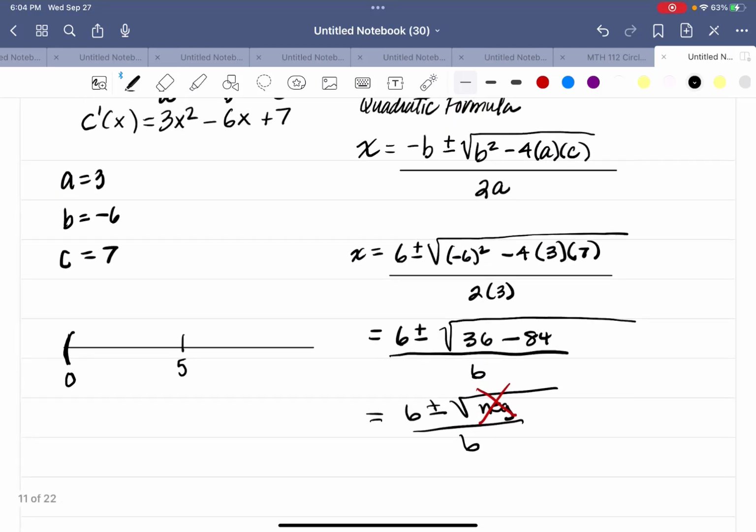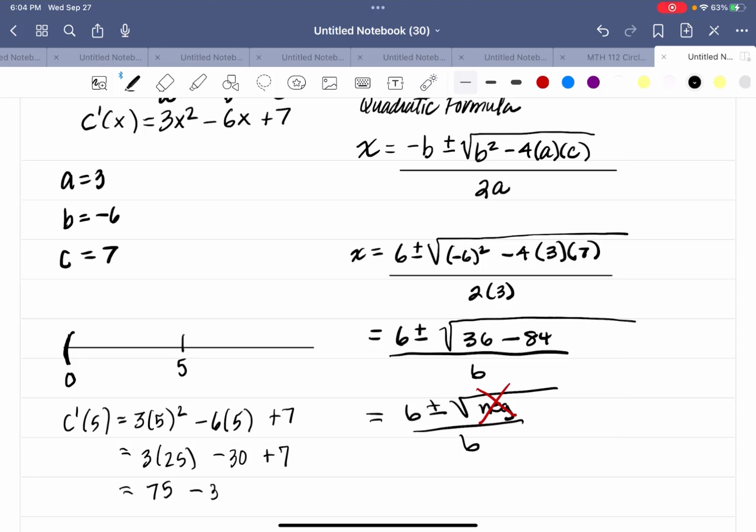In my derivative, C prime of 5 is 3 times 5 squared minus 6 times 5 plus 7, which is 3 times 25 minus 30 plus 7, which is 75 minus 30 plus 7. 45 plus 7 is 52, a positive number.